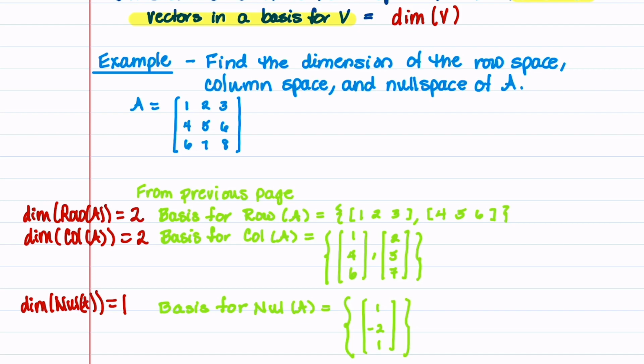Let's make a note that the dimension of the column space of A is the number of pivots, or more precisely, the number of pivot columns in A. The dimension of the null space is the number of free variables in our matrix A.